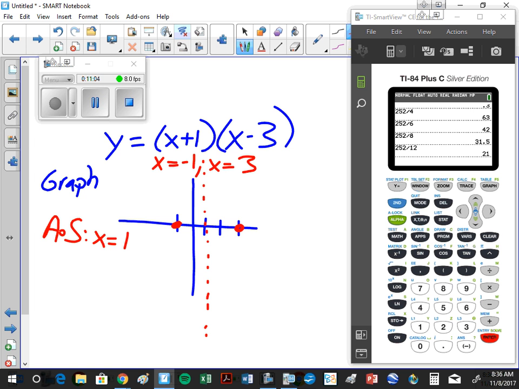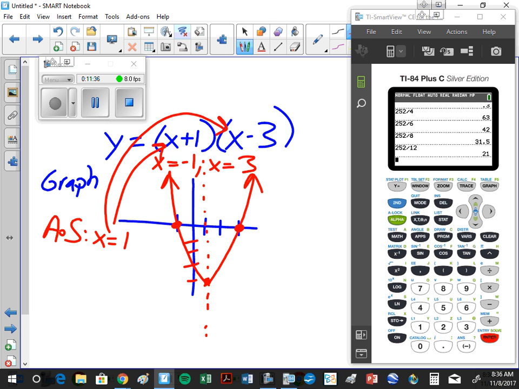Now what? Plug 1 into the equation, and 1 plus 1 is 2, and 1 minus 3 is -2. 2 times -2 is -4, so I go down to -4, and that's what the parabola looks like.